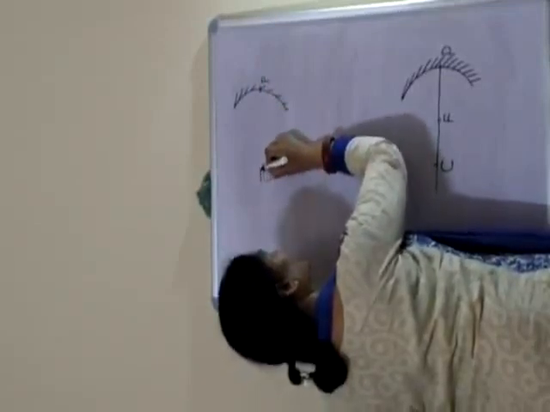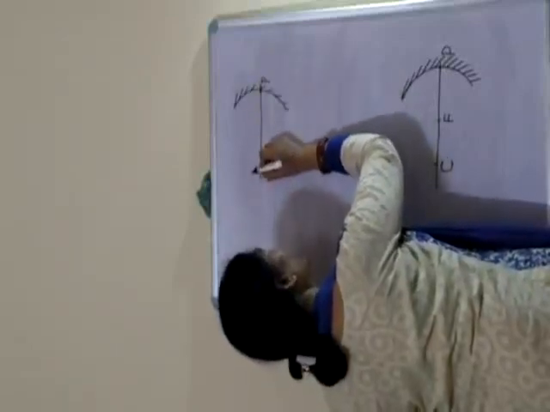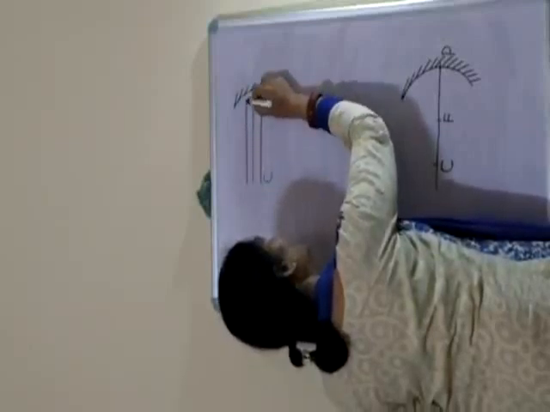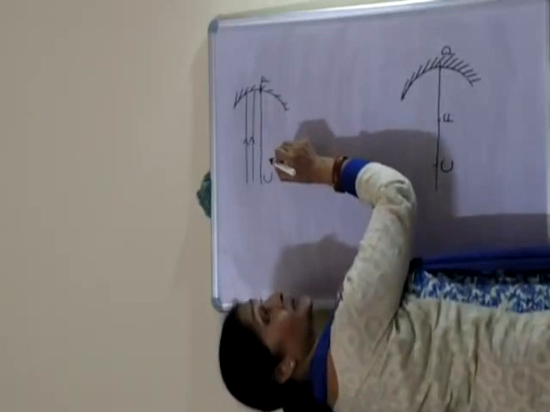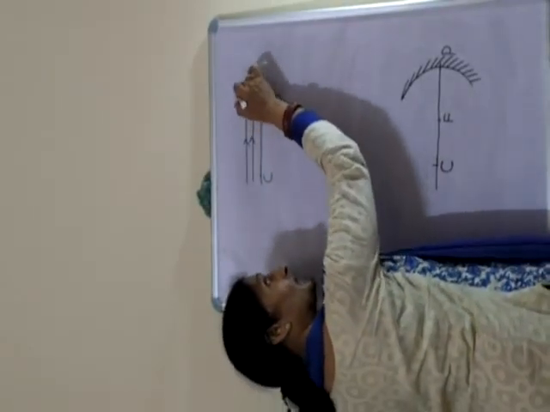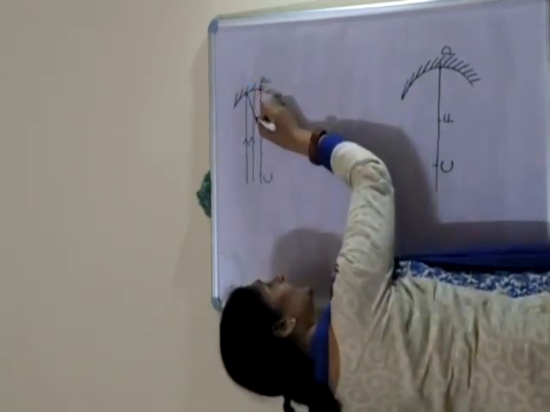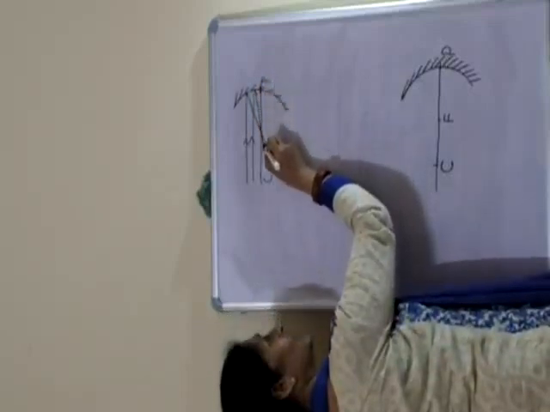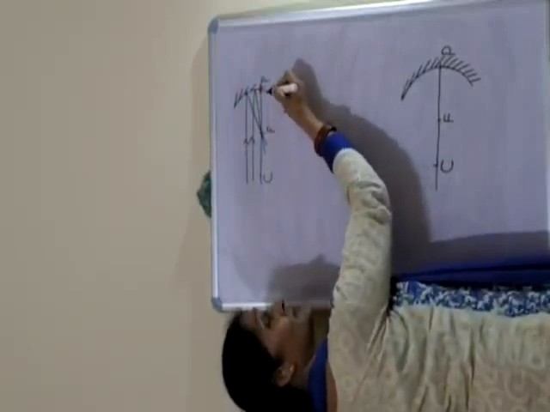The line joining them is principal axis, and these are the rays falling on the mirror parallel to this principal axis. Arrow is very important to put on the rays in a proper direction. After reflection from the mirror, they will meet at a point on the principal axis. And this point is focus for this mirror.